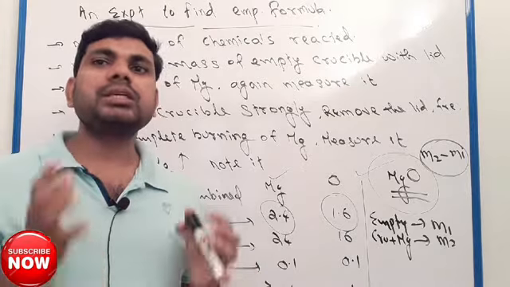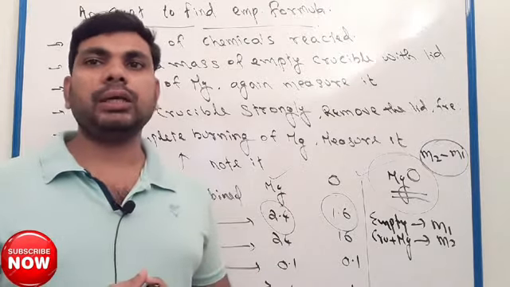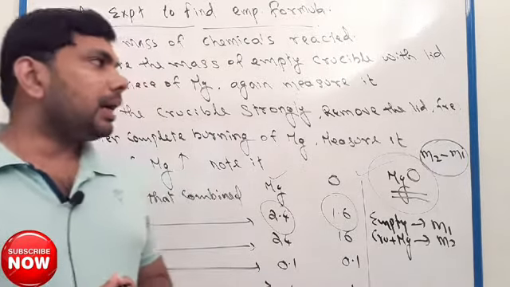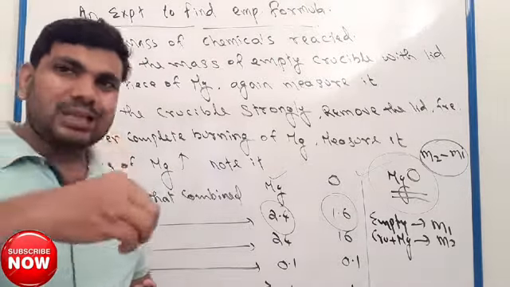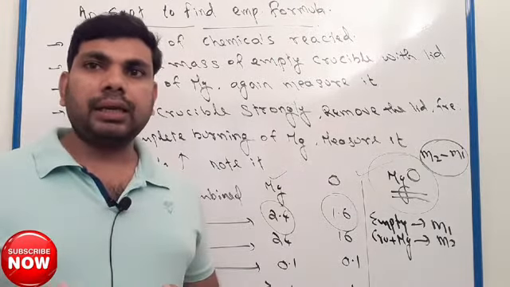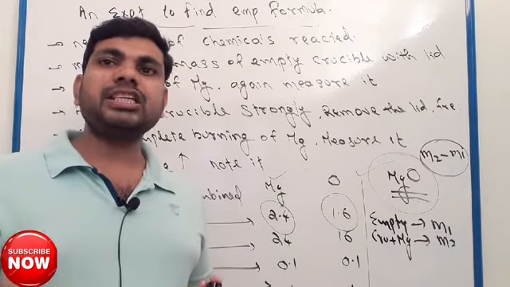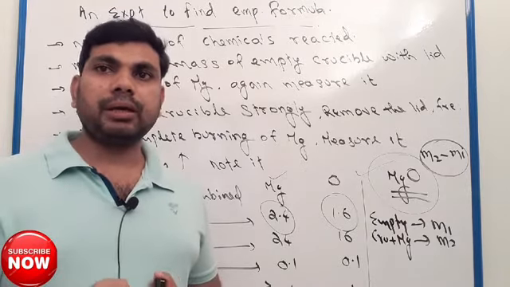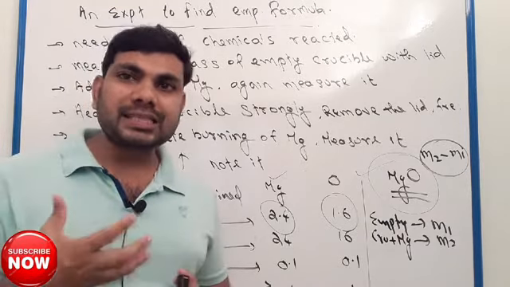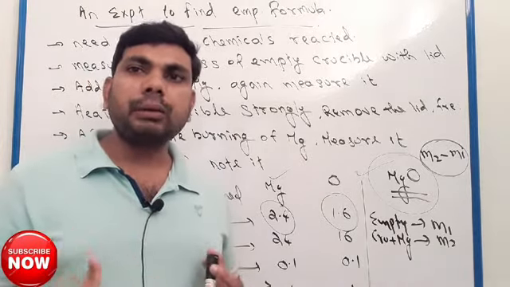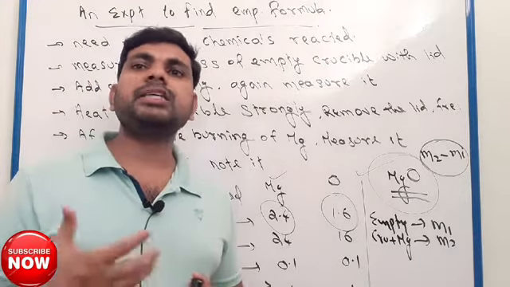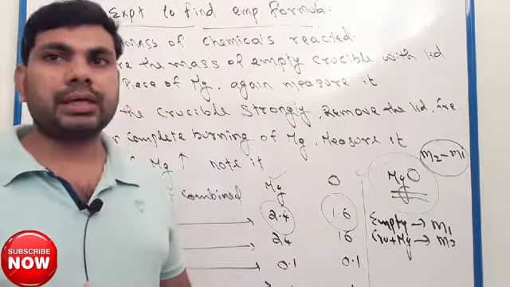We have to open the lid frequently, because to burn, magnesium needs oxygen. In the presence of excess oxygen, magnesium will burn and change to magnesium oxide.